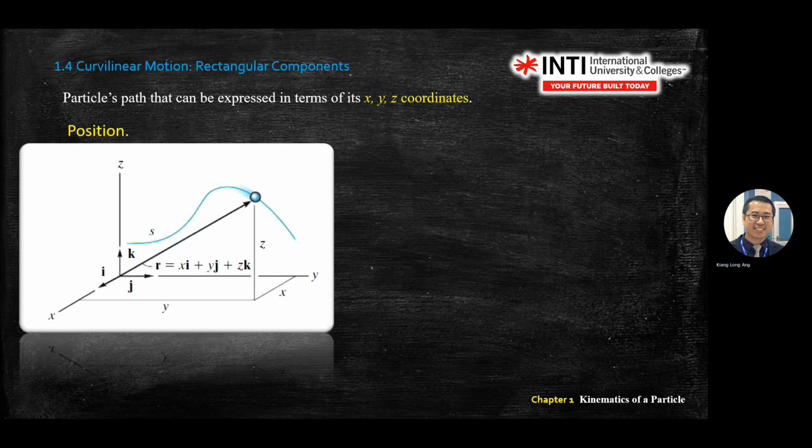Make sense? Then from here, you recall what you learned in your mathematics to find the magnitude of the vector, which is the square root of x squared plus y squared plus z squared. How to find the angle? Later I'll show you on the screen. There's a formula that you learned in your mathematics. Just recall what you learned.